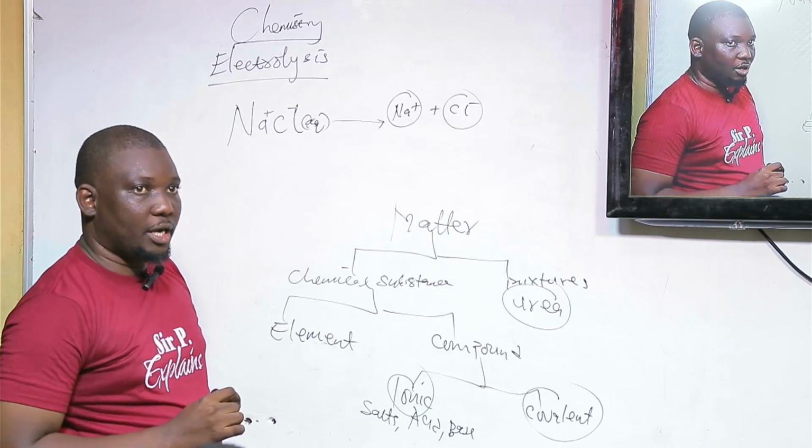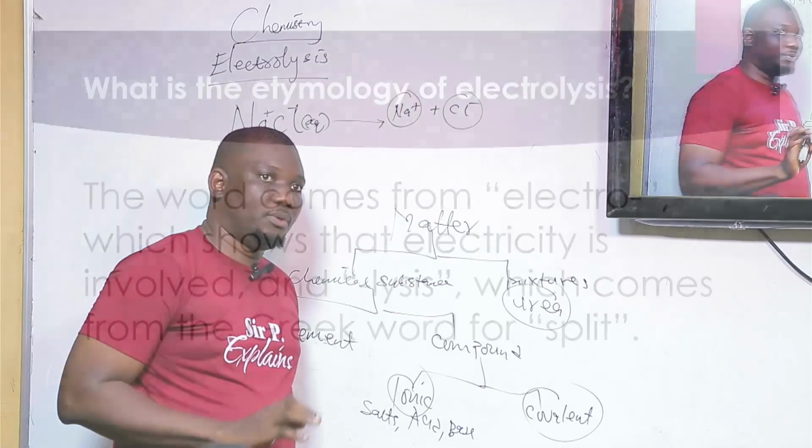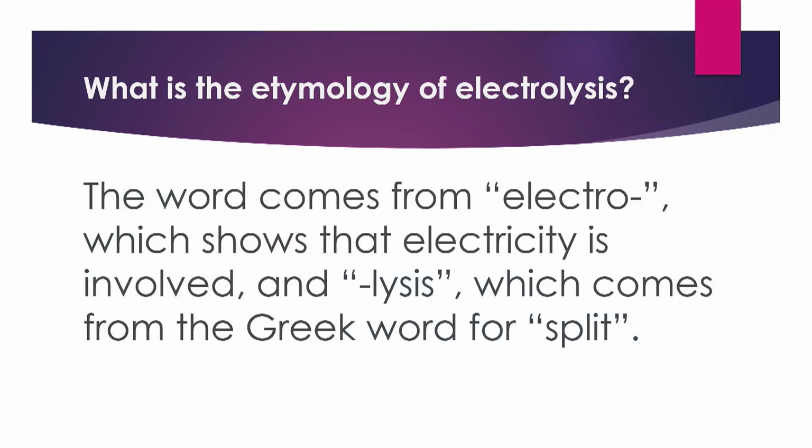Are you with me? Then look at the etymology of electrolysis, just very few words to understand it. Electrolysis actually is from two Greek words. Electro, which simply means what? Electricity. And then the last word, lysis, is a Greek word.